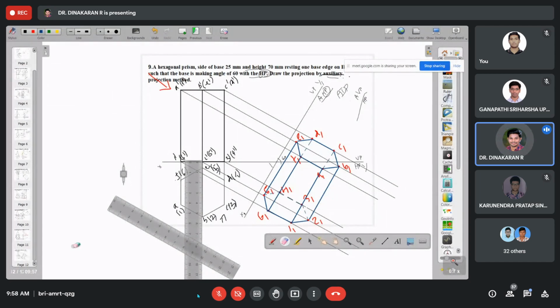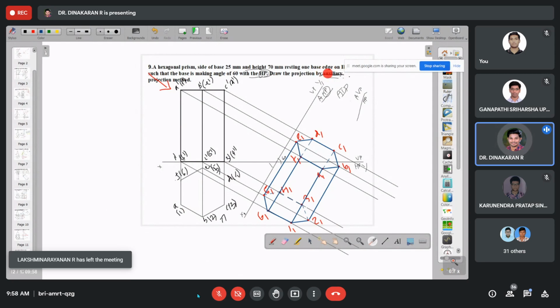This is the final top view. We change the orientation with the reference line. Once again, I'm telling the procedure. After drawing the simple question, a normal question, you need to check whether the question is change of position method, change of reference line method, or auxiliary projection method.